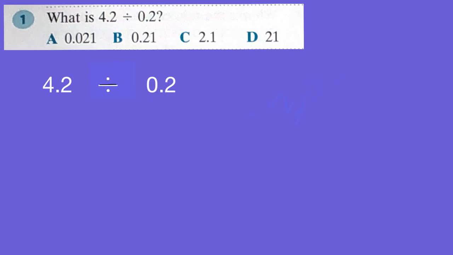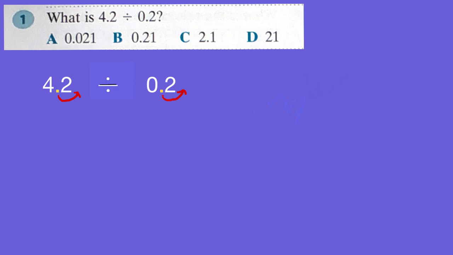This problem involves decimals, and decimals are pretty hard to divide, especially if you're not allowed to use a calculator, because this is a non-calculator section. When we have a problem like that, we can move our decimal to the right, but we will have to do exactly the same thing to the other number.